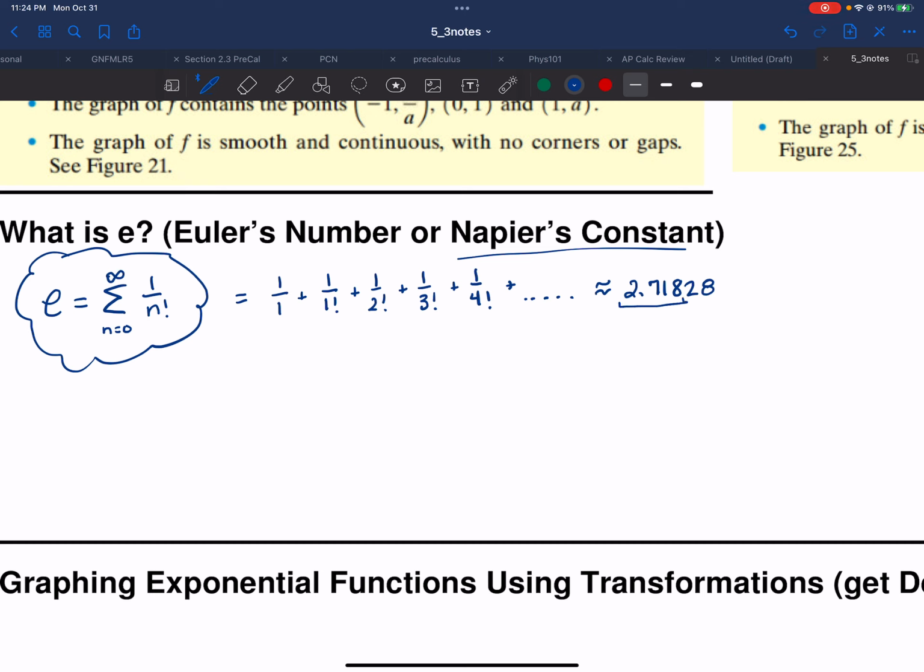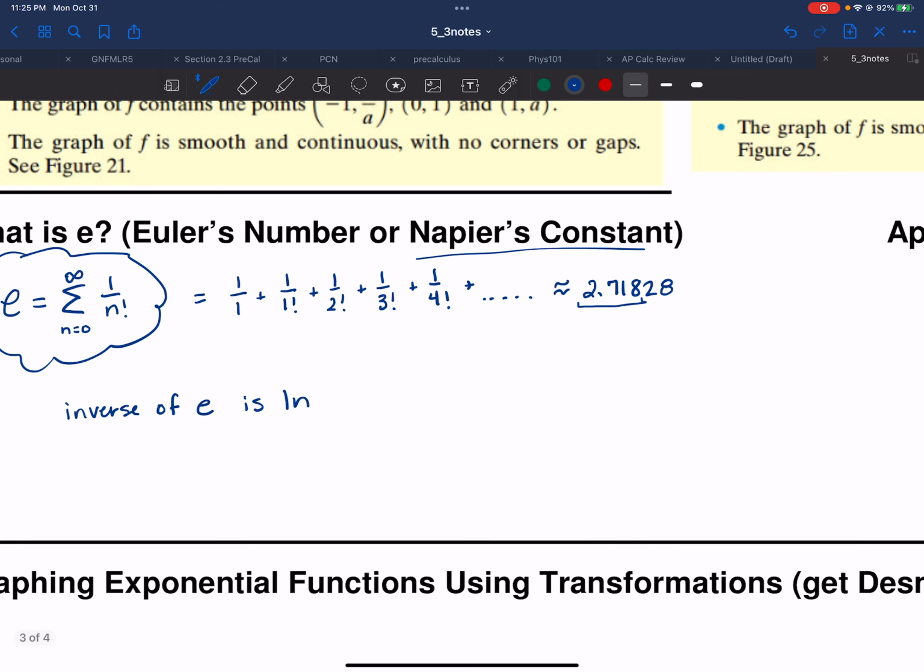What's interesting about this is that the inverse of e is the natural log. So if we want to get rid of an e, what we do is we apply the natural log to get rid of it. Graphing natural log and your e values, they're going to be inverse functions of each other.